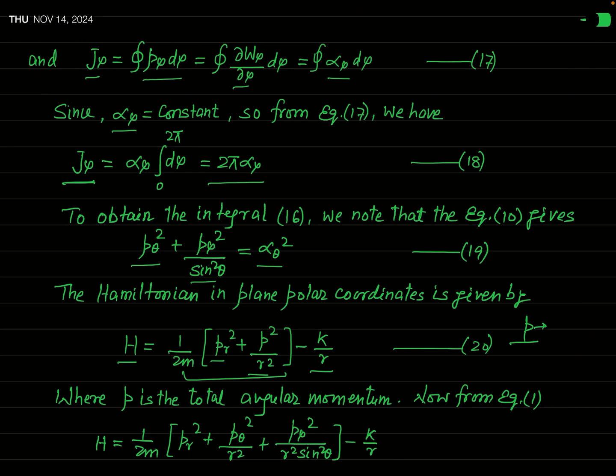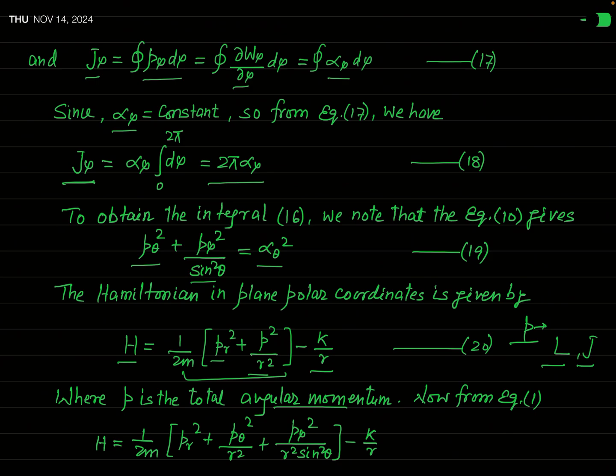Don't be confused by this symbol p. Generally we write a small p for linear momentum, but here this small p has been written for the total angular momentum of the particle. In general, in classical mechanics or quantum mechanics, we denote the angular momentum by the symbol capital L or J. But you can see in this calculation, L has been written for Lagrangian and J has been written for action variable.